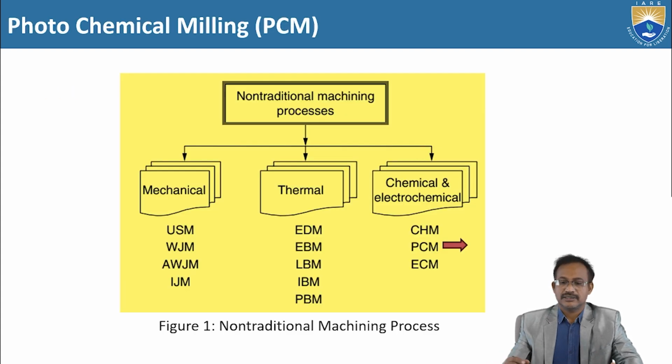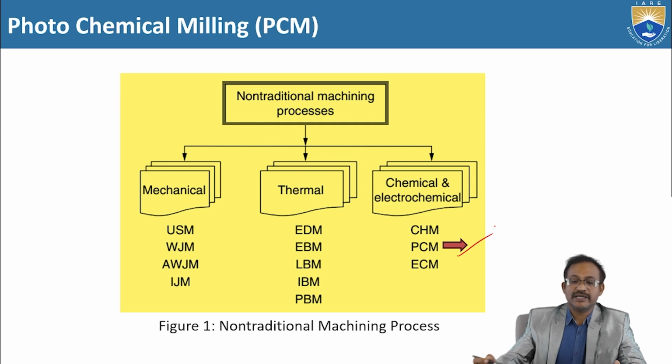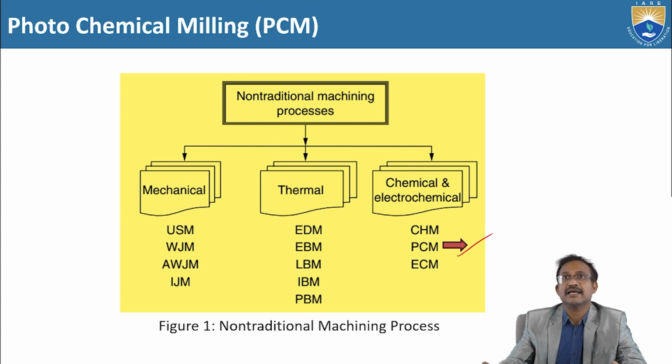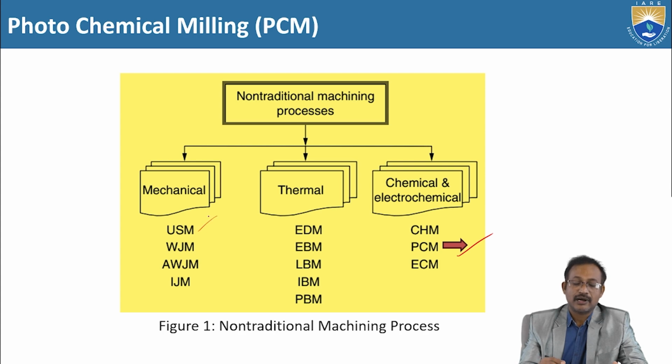Usually non-traditional machining processes are classified into three main categories: mechanical, thermal, chemical and electrochemical. In mechanical, ultrasonic machining, water jet machining, abrasive water jet machining, ice jet machining.